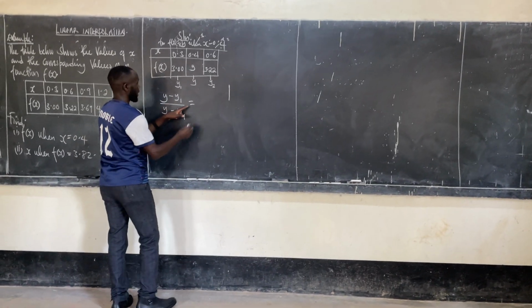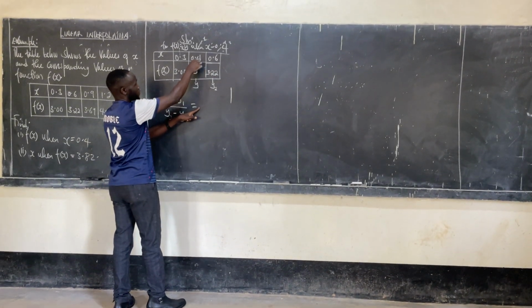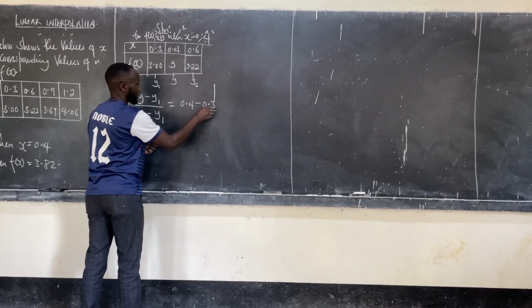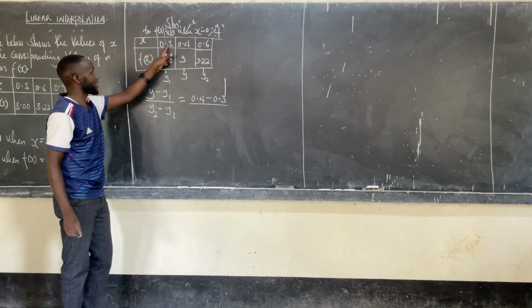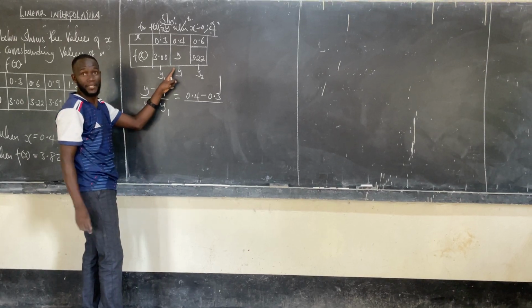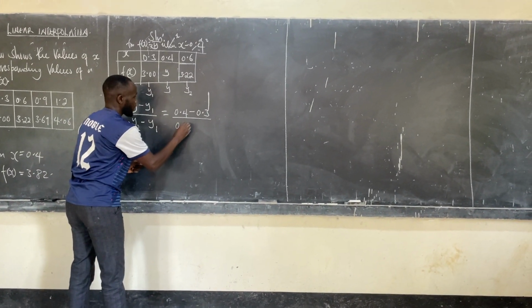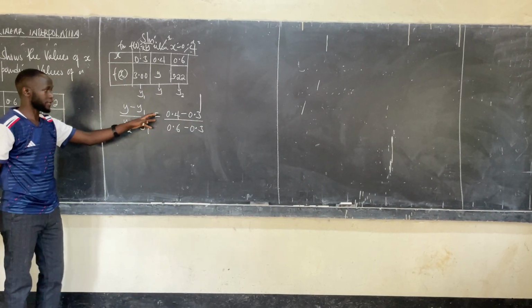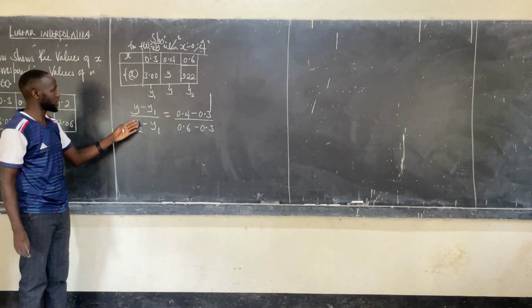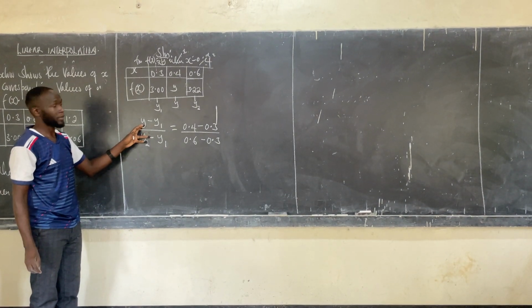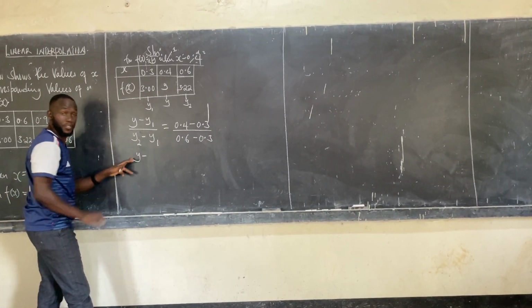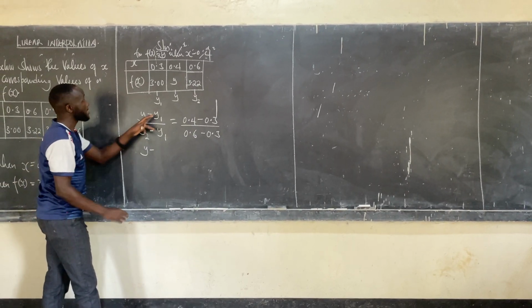So we shall have, starting from here, 0.4 minus 0.3, divided by 0.6 minus 0.3. When you have this, you only have unknown y, because we know the other values. Do the substitution.